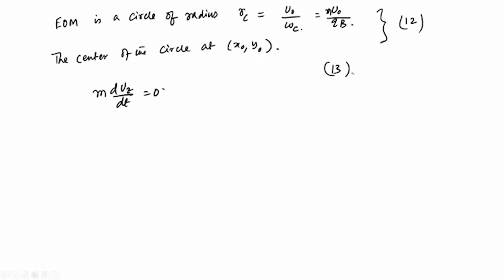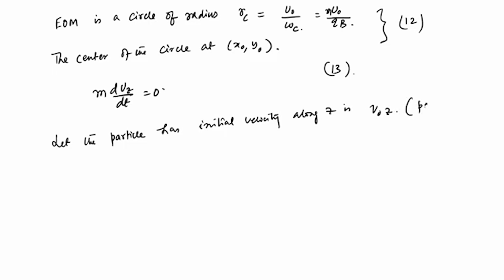And this is useful because the particle can have an initial velocity in the z direction, and let us call the initial velocity along z as v0z, which is parallel to the direction of B, because B is purely in the z direction.